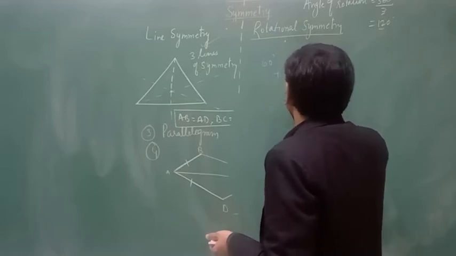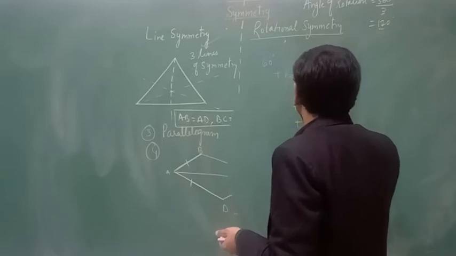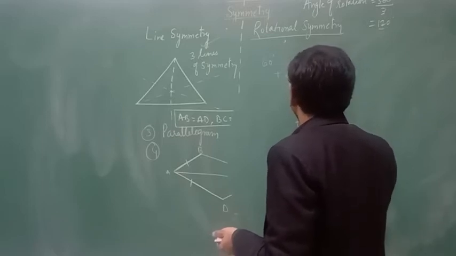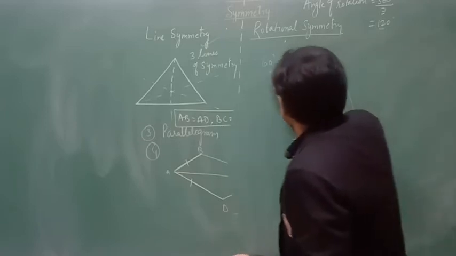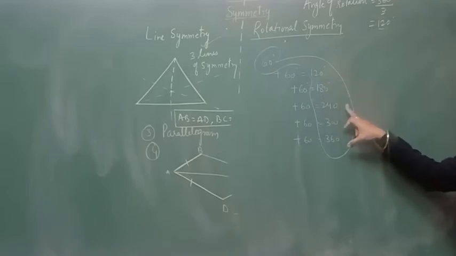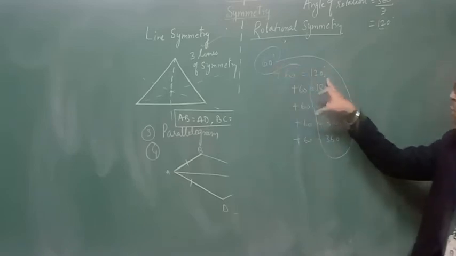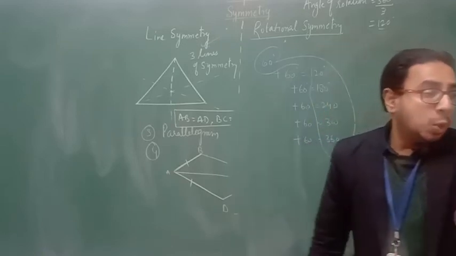Add 60 degree means 240 degree. Add 60 degree means 300. Add 60 degree means 360. So the chain is like that. The various angles are 60, 120, 180, 240, 300, 360. 1, 2, 3, 4, 5, 6. That is why order of rotation is 6. Are we clear?